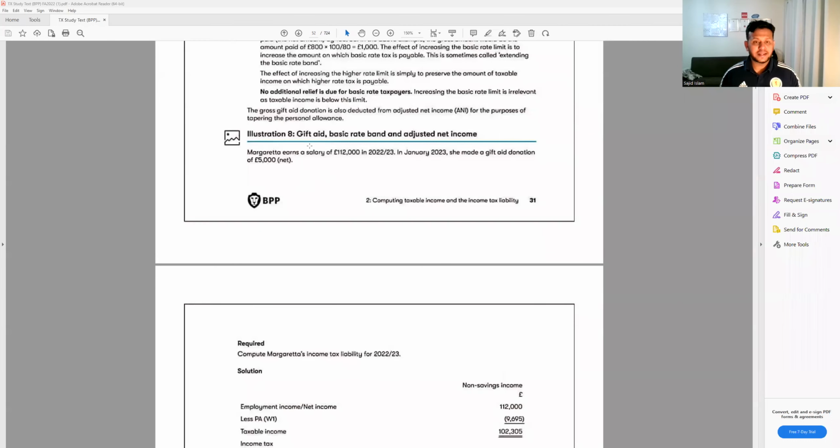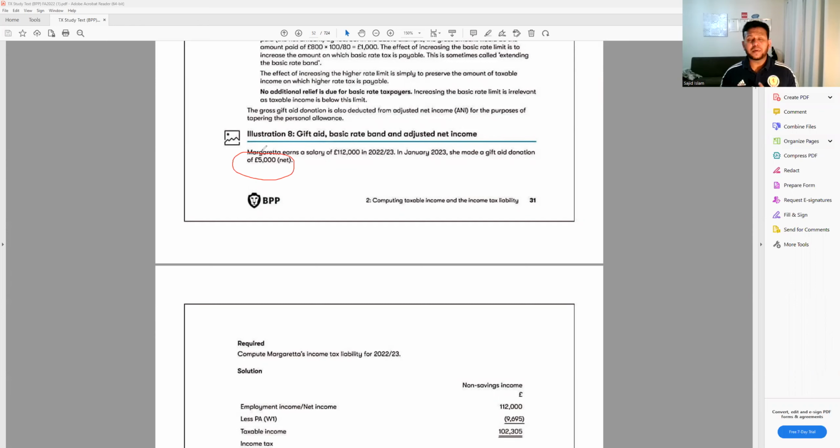Illustration 8, gift aid, the basic rate band and adjusted net income. Margarita earned a salary of 112,000 in 2022-23. In January 2023, she made a gift aid donation of 5,000. Now you can see here the gift aid donation is a net amount. Remember that it will always be given as a net, so we have to gross it up, and you always think the tax rate will be 20%.